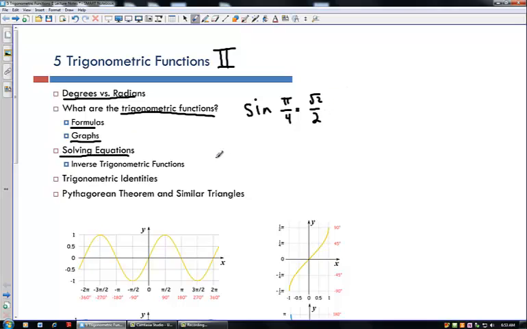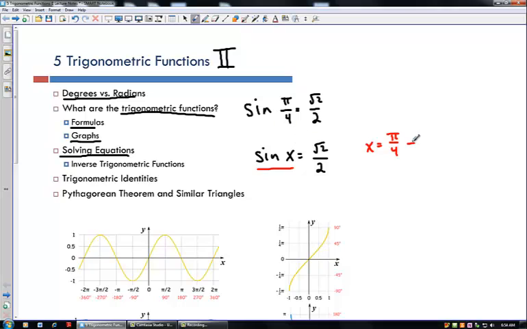So the idea behind this is, what if we have a sine of x and it's equal to root 2 over 2. Now the answer to this question is not as obvious as you would think, because obviously x equal to pi over 4 is one solution, but there's actually an infinite number of solutions.